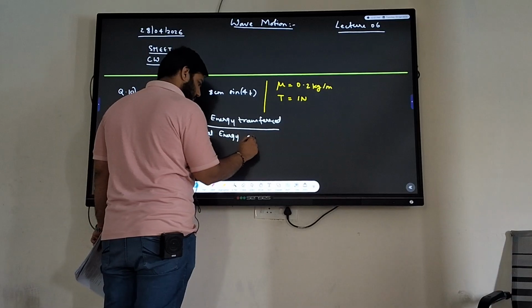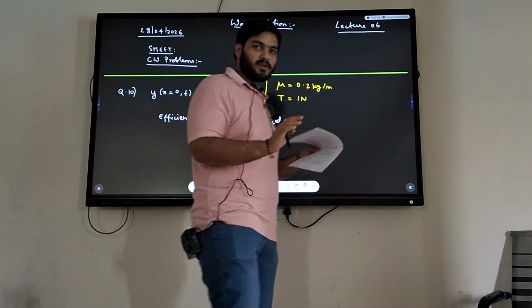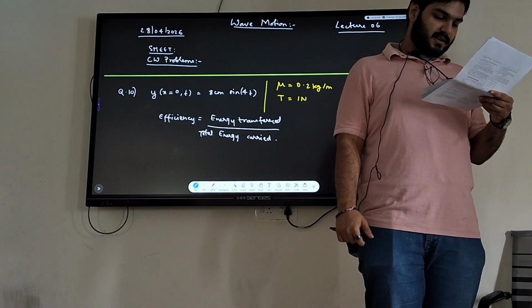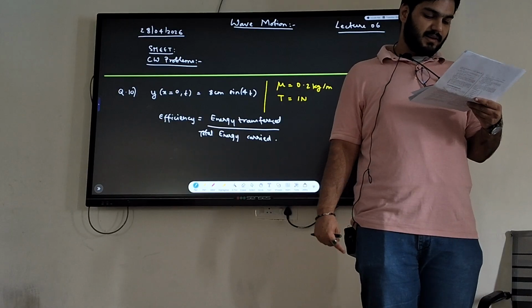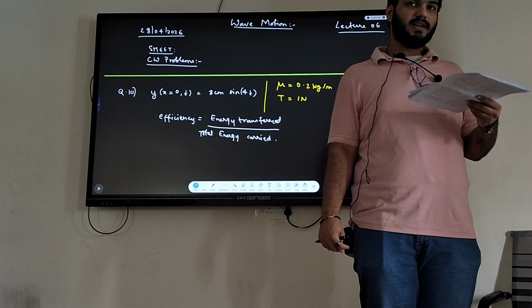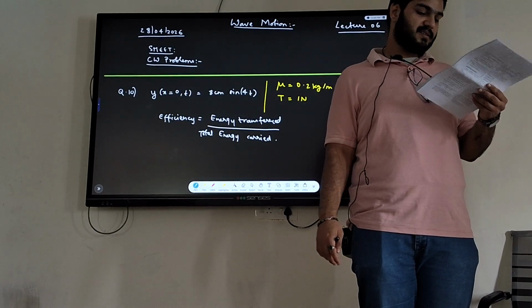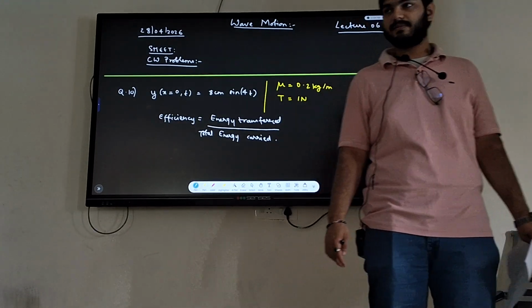We already know these things. So this is the information given to us. Now they are asking that if the efficiency is 50%, then how much time will it take for the whole water bath to raise its temperature by 1 degree Kelvin?